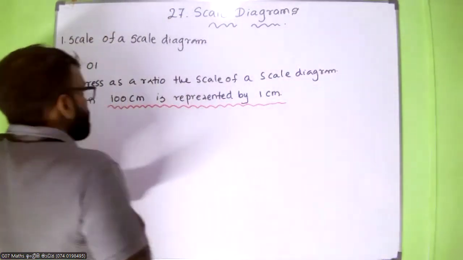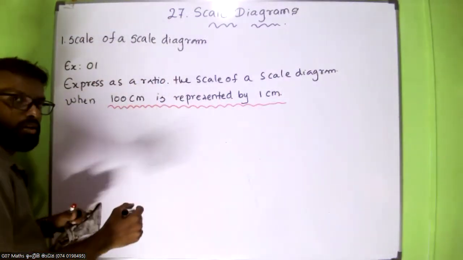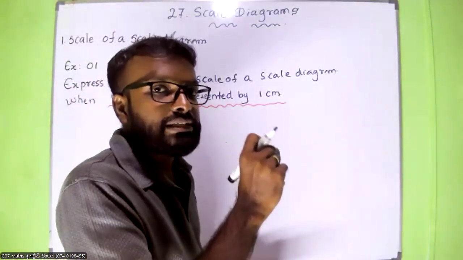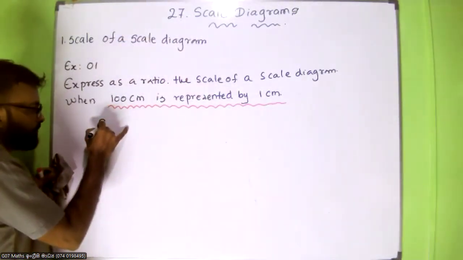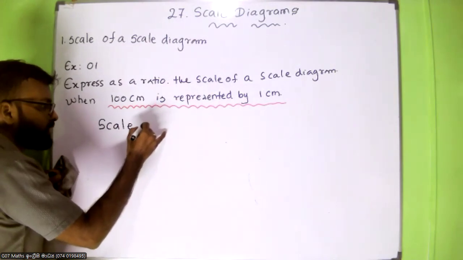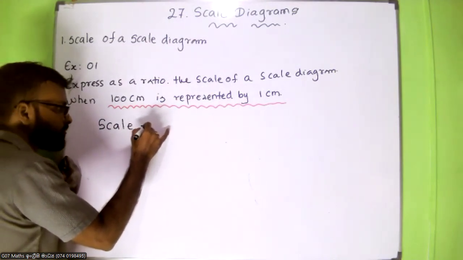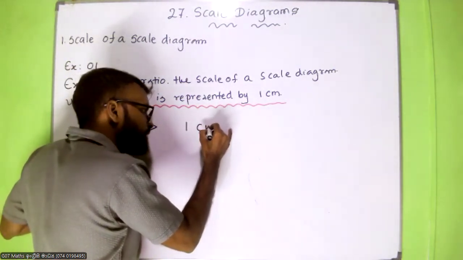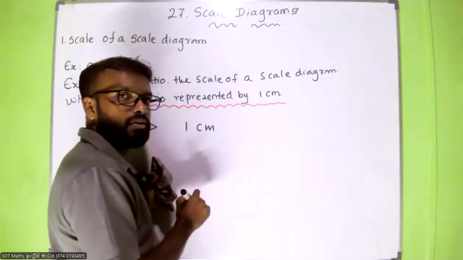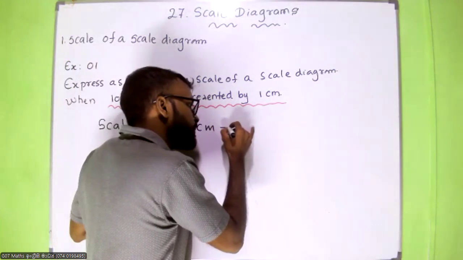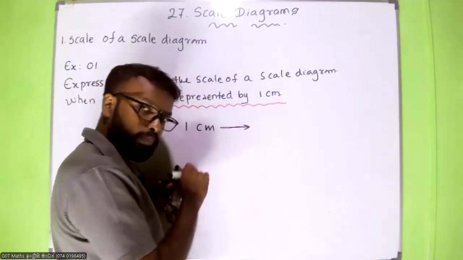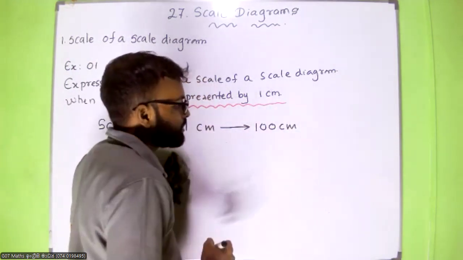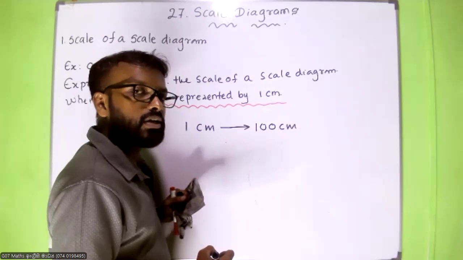So we have to express this as a ratio. Before that, I am going to write the scale like this. We have a scale: by using 1 centimeter, we are going to represent 100 centimeters.